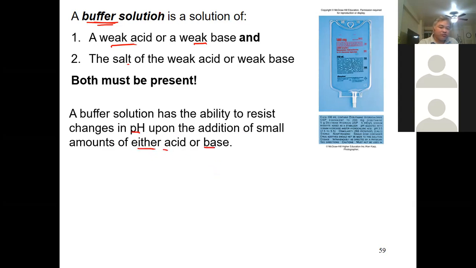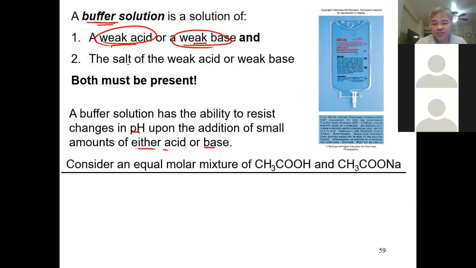Now, you may ask yourself, why weak acid, weak base, and its conjugate salt? Well, is that something to do maybe on the mechanism? Because what does it do? When you add an acid, the basic component react on it. When you add the base, the acidic component will react with it.